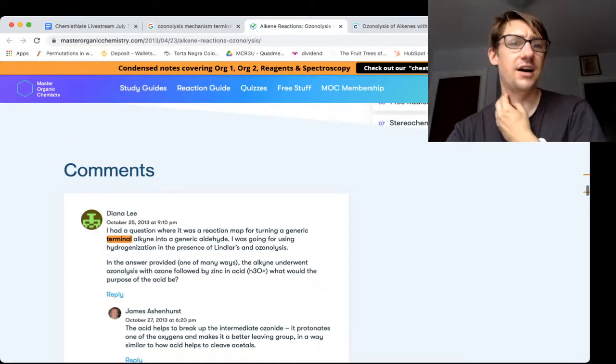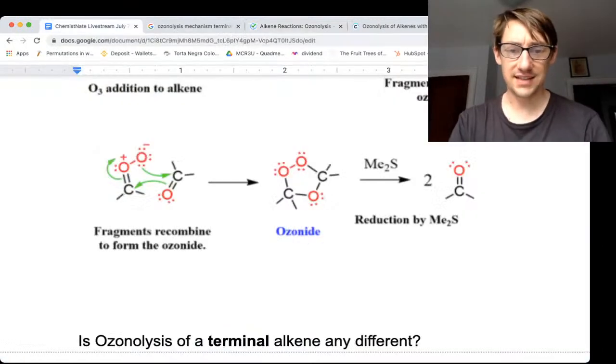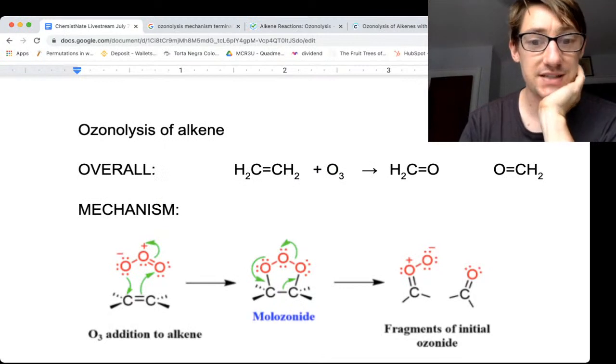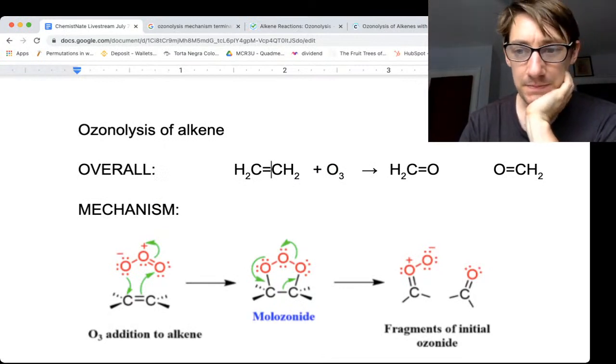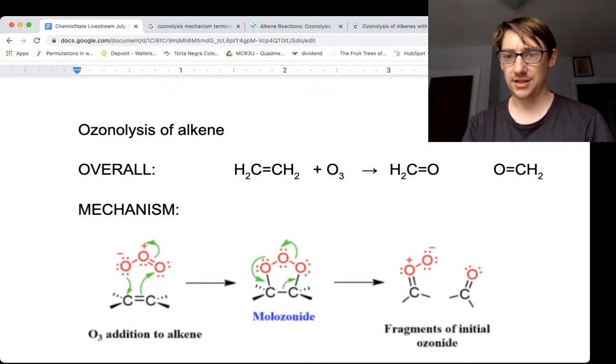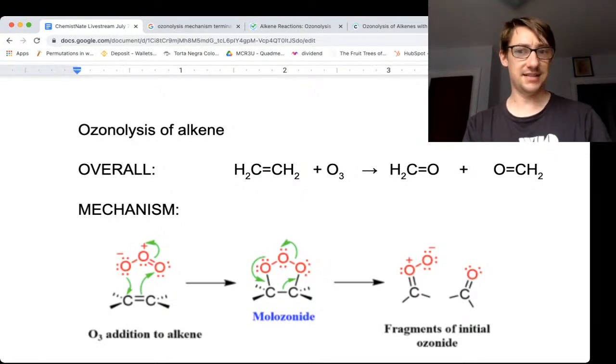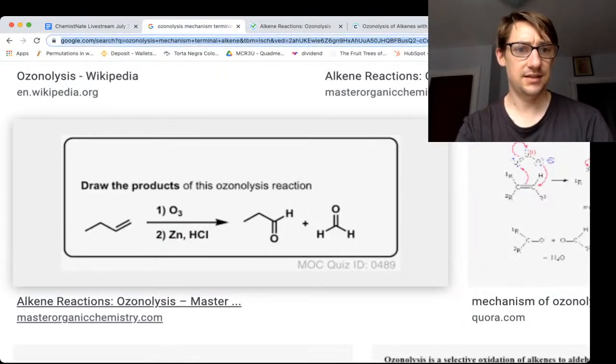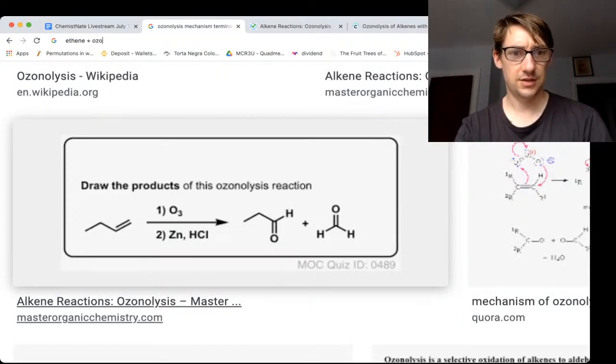That's not helpful. All the information I can find is that the answer is no. And in fact, the first example I gave here was a terminal alkene. Now again, I'm actually kind of guessing on whether or not that's true facts or not, but it makes sense to me. Let's try one more thing. Ethene plus ozone reaction.